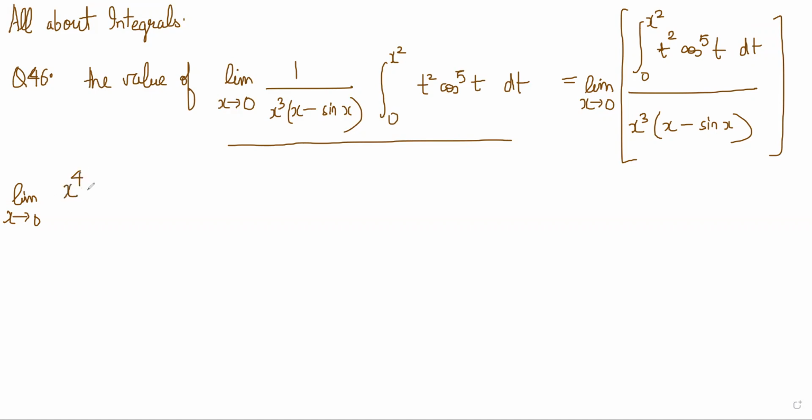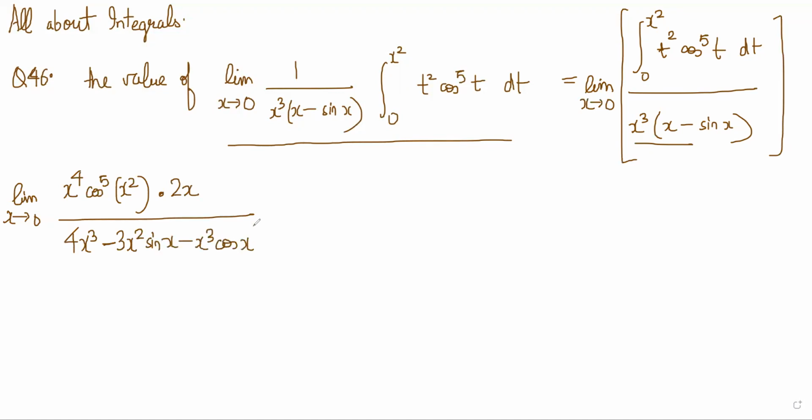This will become x power 4 cos power 5 x square, and differentiation of x square is 2x, divided by this expression, which is basically x power 4 times... so differentiation is 4x cube minus x cube sine x, so minus 3x square sine x minus x cube cos x, right? So this is the expression that we have.